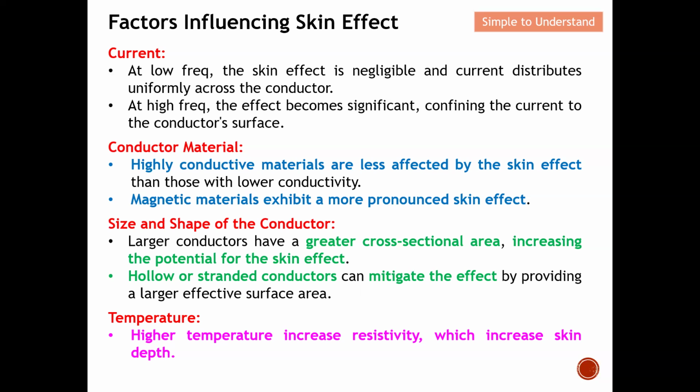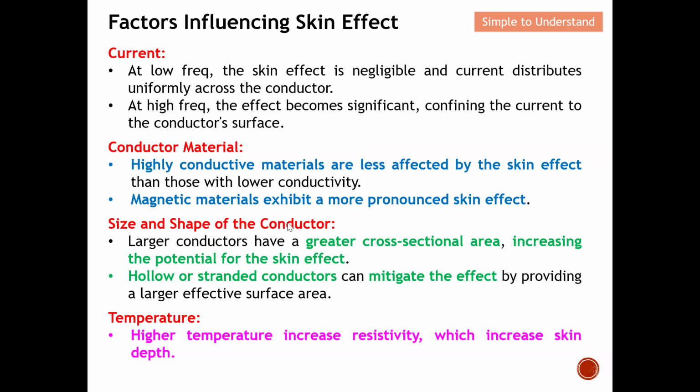Therefore, when we use a good conductivity material, we reduce the R value, which means that the wire is a perfect short circuit. Keep this in mind. Magnetic material exhibits a more pronounced skin effect. So if we use magnetic material, you may have a drastic skin effect as compared to metal material.